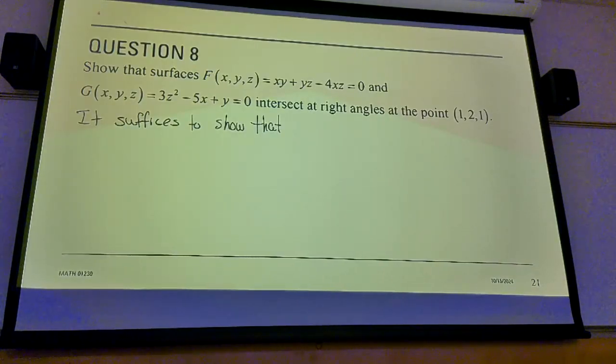If we want the surfaces to intersect at right angles at that point, what can we say about their tangent planes?